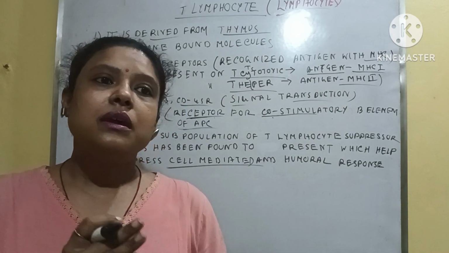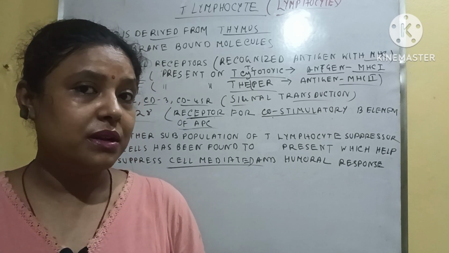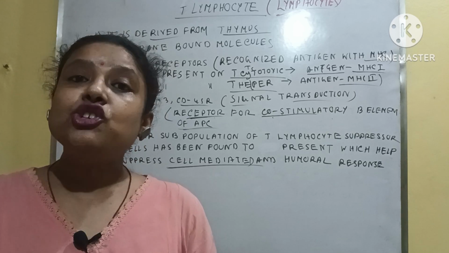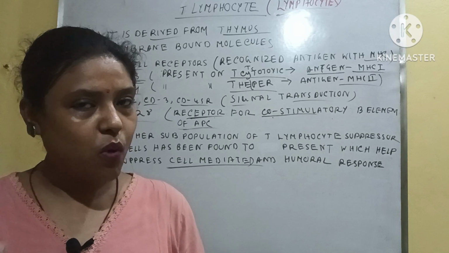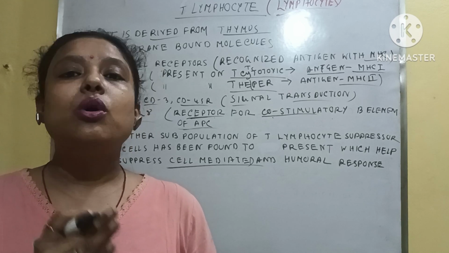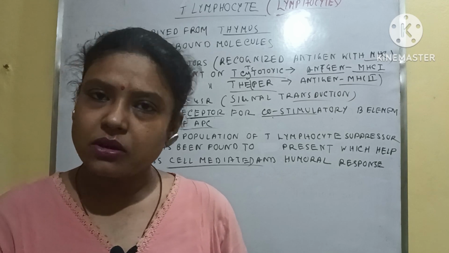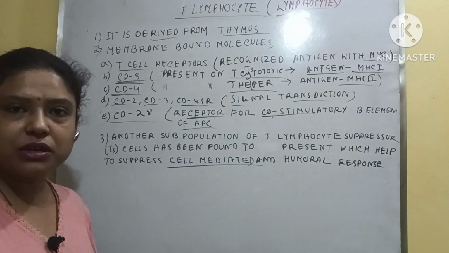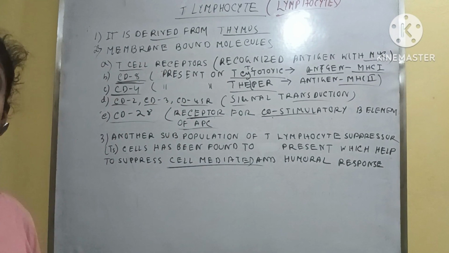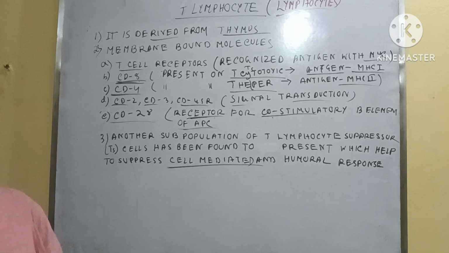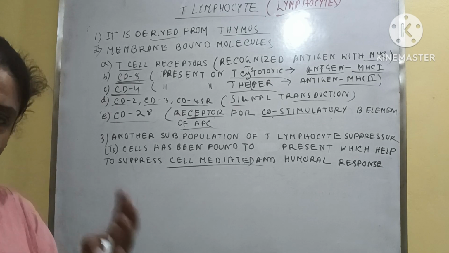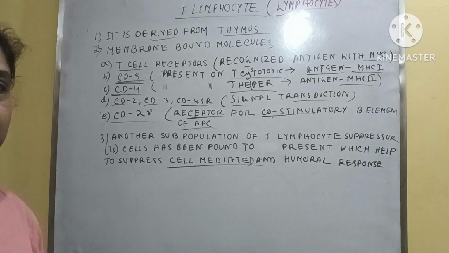So this immune response is possible only if major histocompatibility complex 1 or 2 is present with the antigen. In one case the T cytotoxic cell becomes active, and in the other case the T helper cell becomes active.